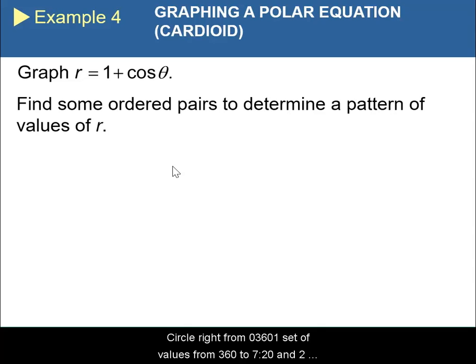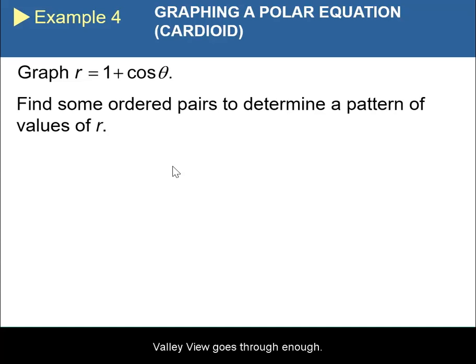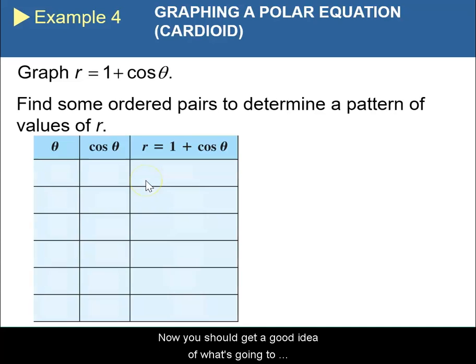From 0 to 360 it's one set of values. From 360 to 720 it's a completely different set of values. So when we do these, generally we go through enough values to get a good idea of what's going to happen.